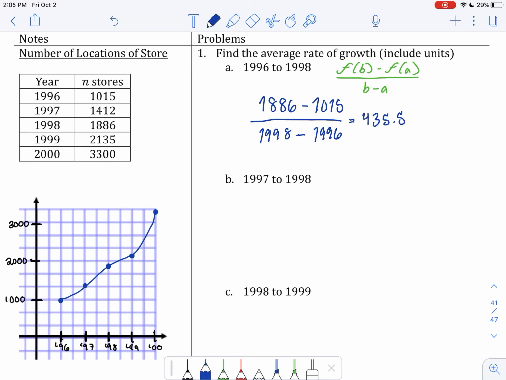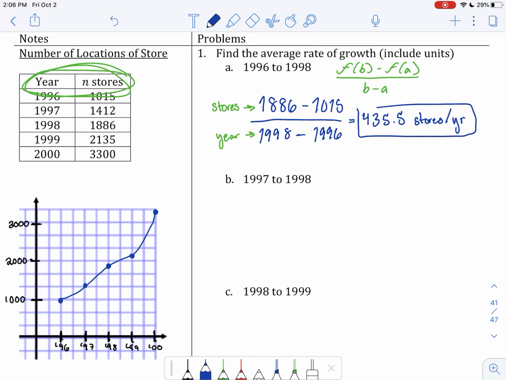Now the nice thing, we've talked about this before, with the units we can look at what it's calculating for these numbers. So in the numerator we are using stores. In the denominator, we have years coming from our table over here. So this then would have the unit as stores over years or stores per year. And that is the average rate of growth over those 2 years. There are 435.5 new stores per year.